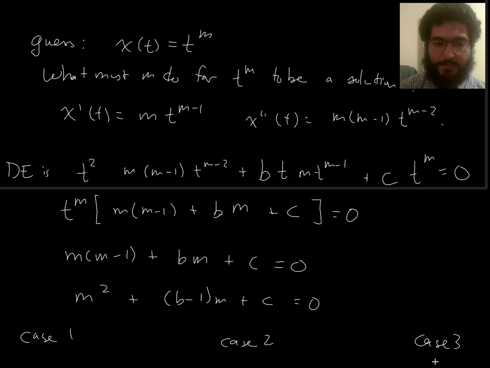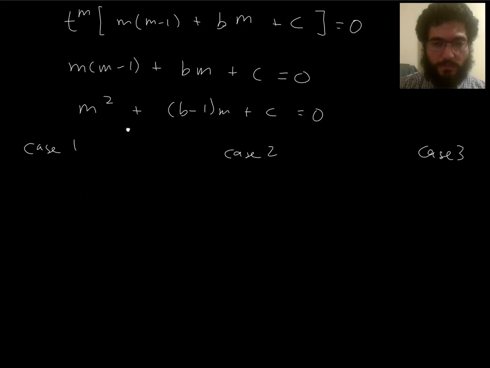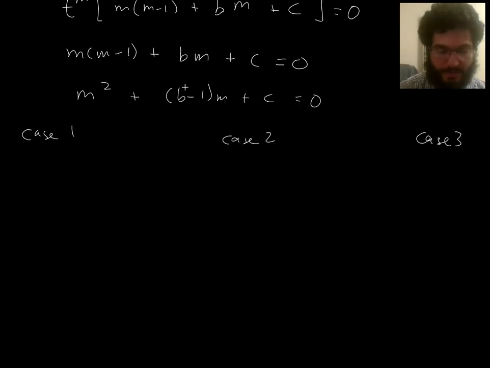To think about. So let's say you end up in case 1, and there are two distinct real roots. Let's say m1 not equal to m2, roots of this polynomial here.